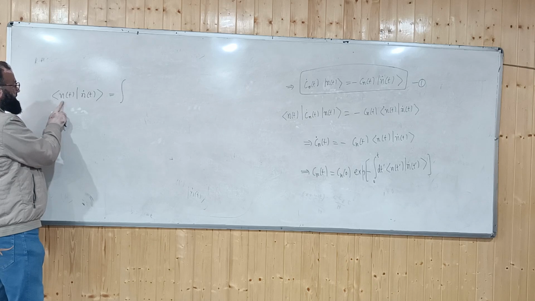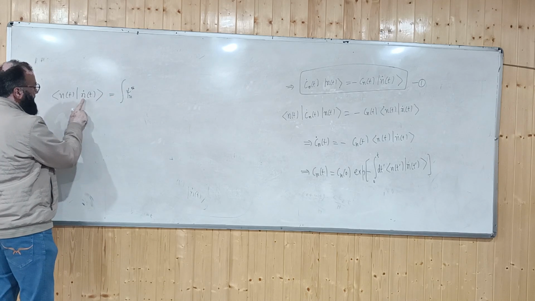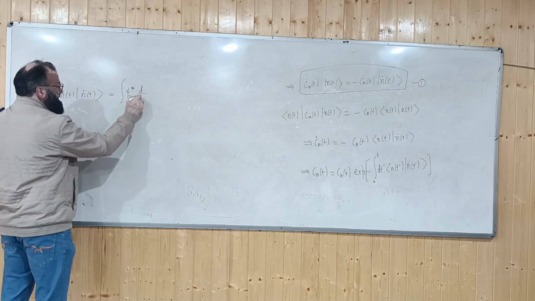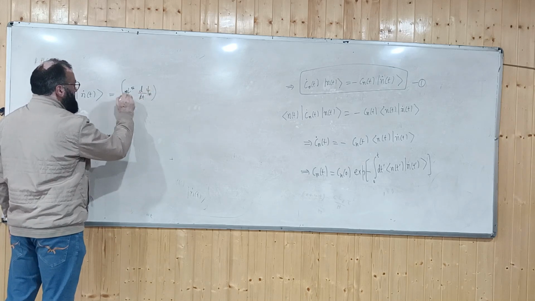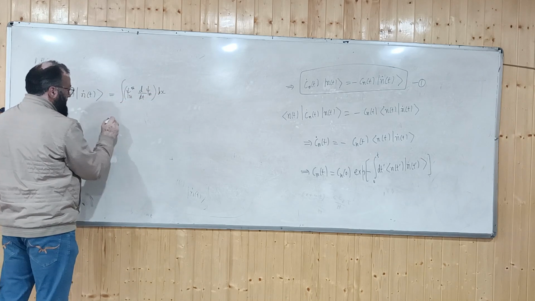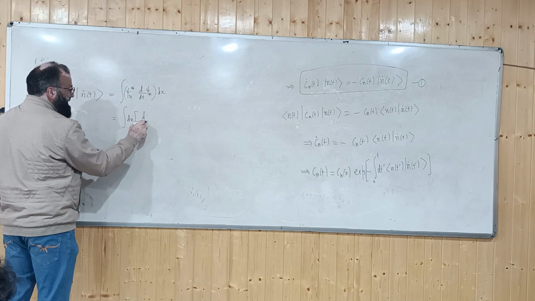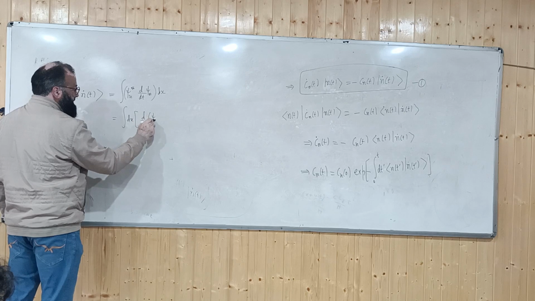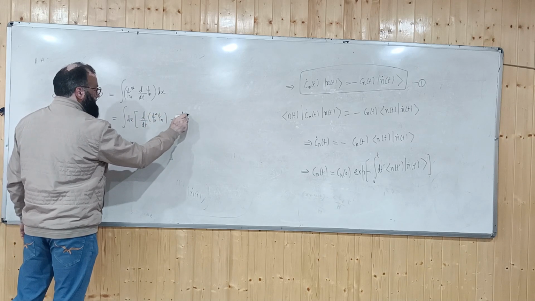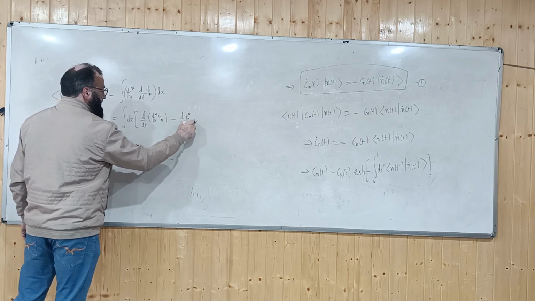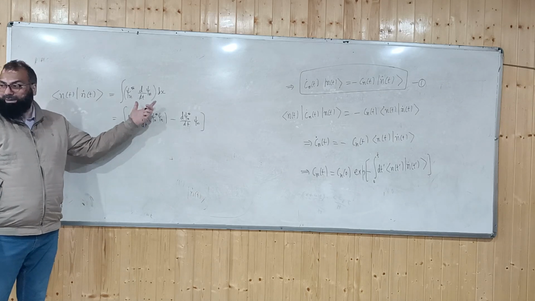The bra n means you have ψ_n star, and it is simply d by dt of ψ_n, with an integration over x. Can I write it as the integral over x of d by dt of ψ_n star ψ_n minus dψ_n star by dt ψ_n? You just differentiate it and you get back.